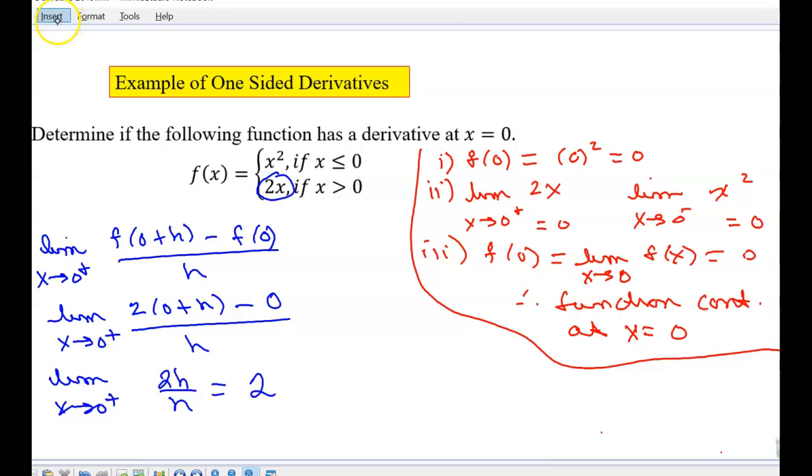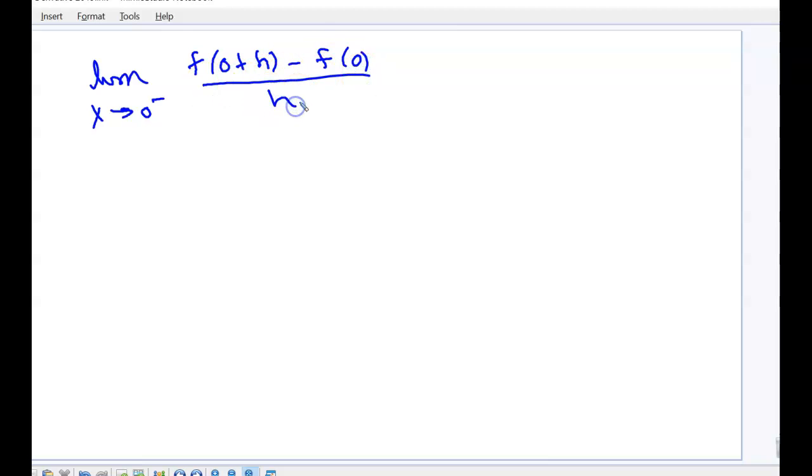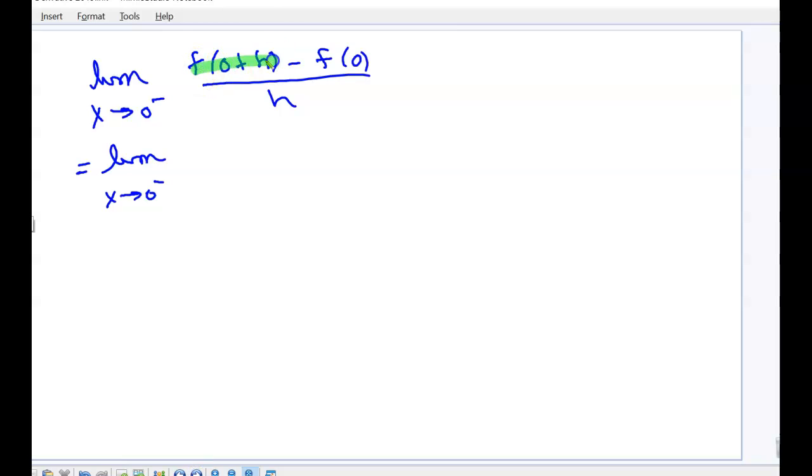Now let's take a look at the limit as h approaches 0 from the left-hand side of f of 0 plus h minus f of 0 over h. I'm going to have to use the x squared function when I evaluate this part of my definition of a derivative.